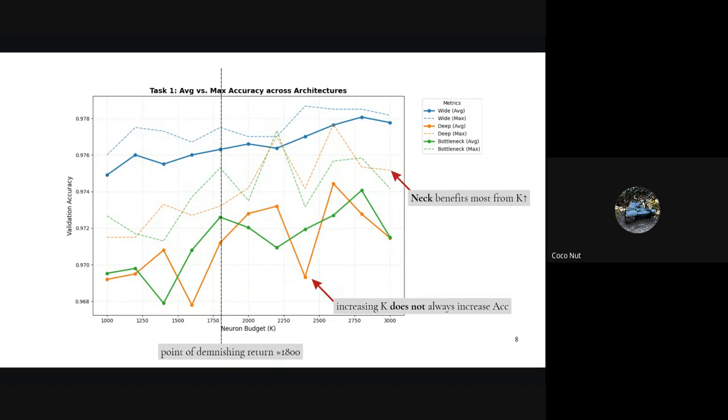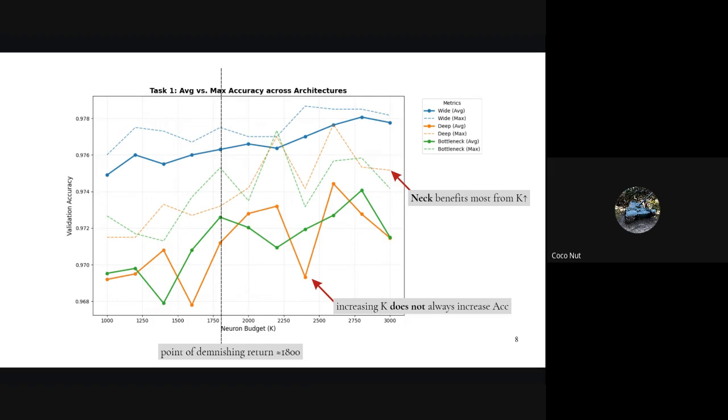And at K equals 1000, it already outperformed the peak results of both the deep and the bottleneck families. Also, we can note that the bottleneck architecture benefits the most from the increased K. And we also observed a diminishing returns effect. Increasing K too much provides marginal gains while increasing costs.